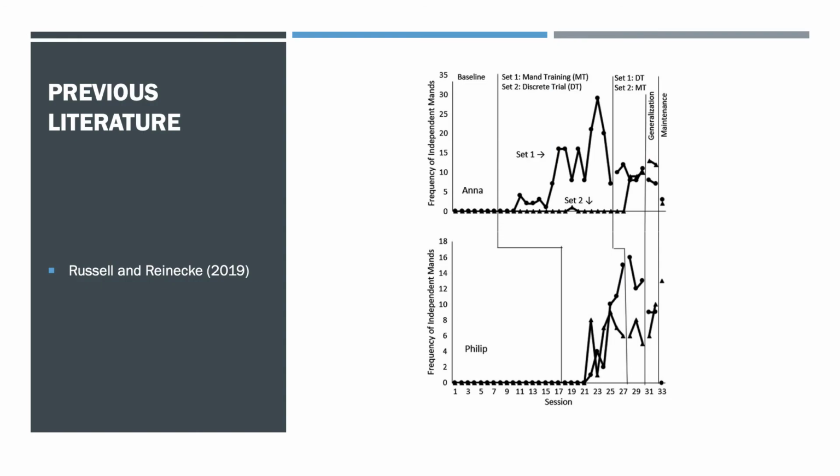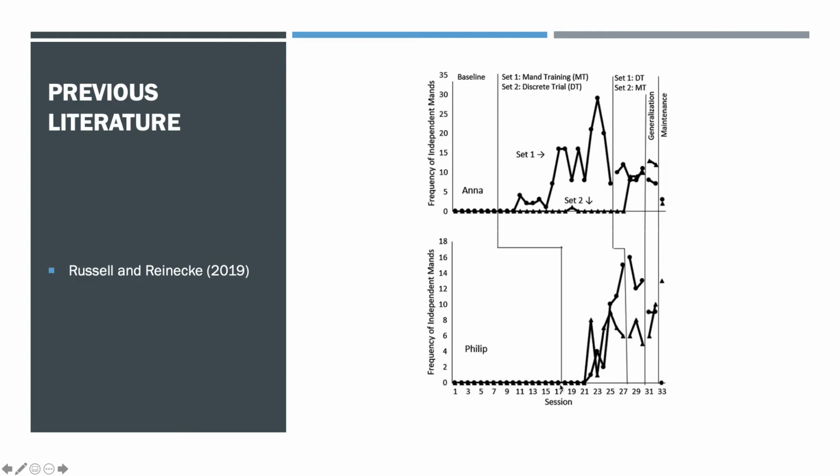Let's talk about the previous literature for the current research. There are 3 different articles that I'm going to highlight, and each has its own data. Each of the research articles I'm going to briefly touch on used the alternating treatments combination with multiple baseline designs.